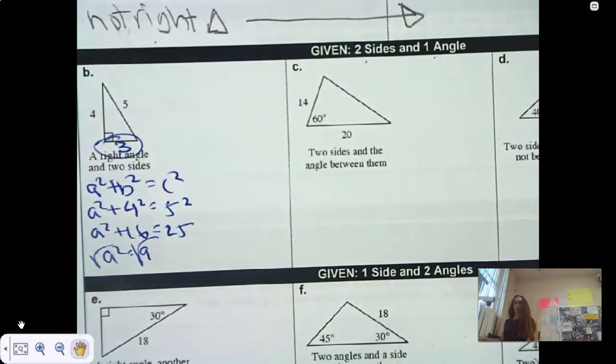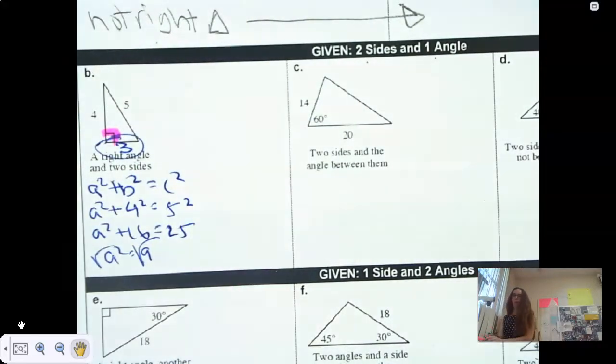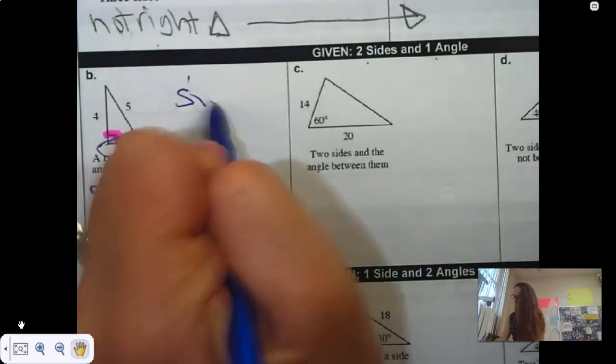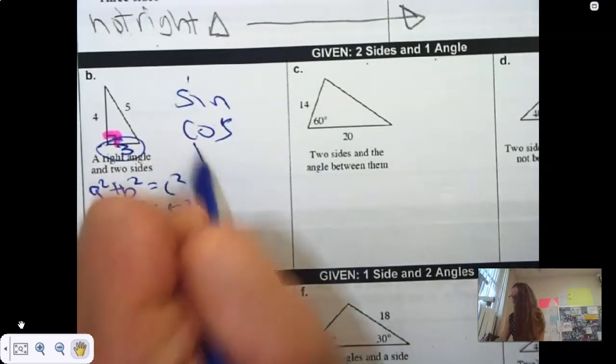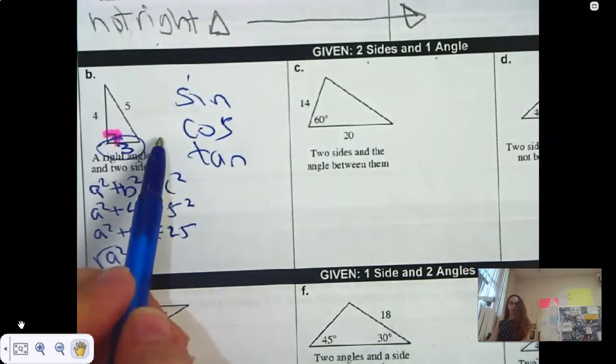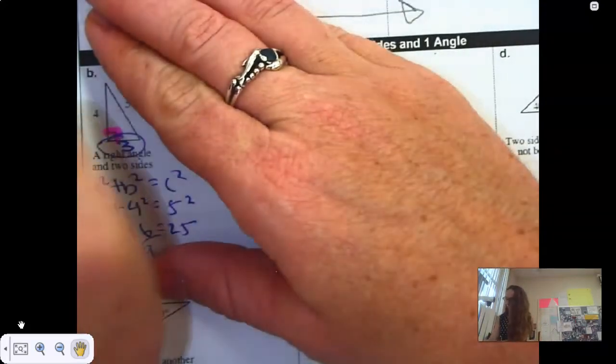Okay? Now I got the sides. Could I get the angles? And I'm going to do this in pink. Okay. And can I get the angles? Yes. I can get the angles by using sine, cosine, or tan. Now remind me, how many degrees are in a triangle? In a triangle, there are 180 degrees.